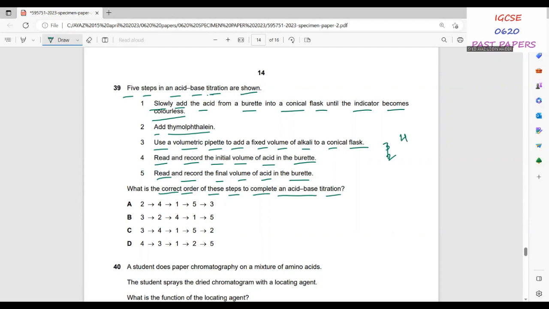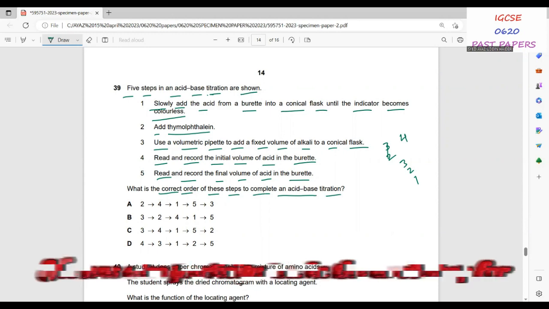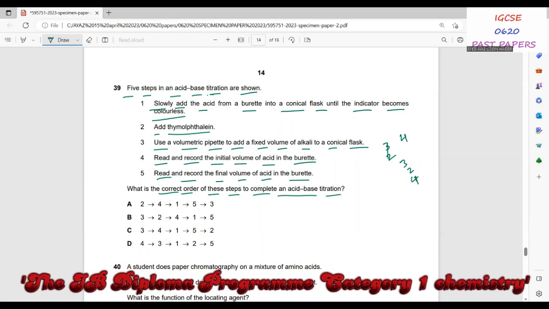Sorry, it must be 3, 2, 4. First, you have to read and record the initial volume of acid. Then you will add slowly the acid to the conical flask. In the end, you will read and record the final volume. 3, 2, 4, 1, 5. So only choice is B here.